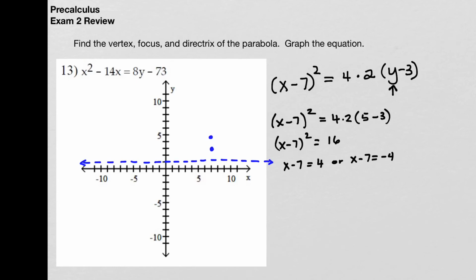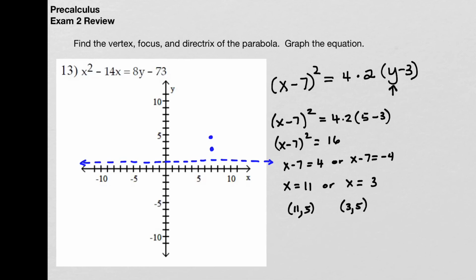Now I need to finish solving for x, and I get x equals 11, or x equals 3. So now I have the points 11 comma 5, that's a point on my parabola, and 3 comma 5 is a point on my parabola.